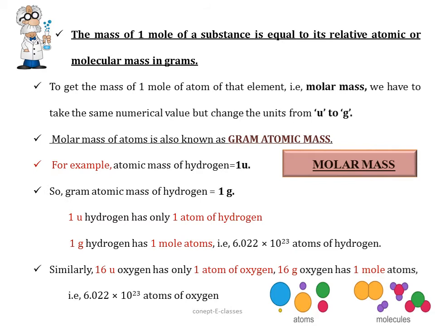Similarly, 16 u has only 1 atom of oxygen, but 16 grams of oxygen has 6.022 into 10 raised to 23 atoms of oxygen.